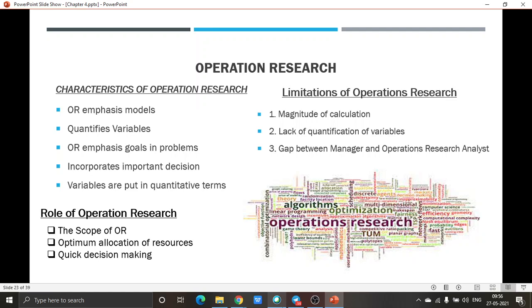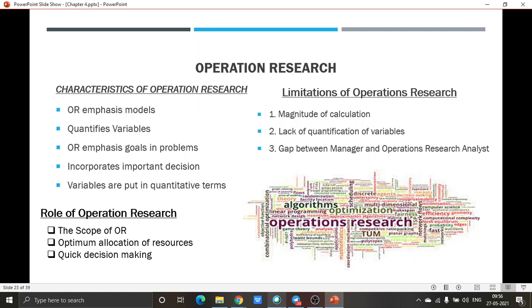Now, when we speak regarding the military and operation research, the link is that operation research as a field of study was developed during World War. What happened was each country had limited resources that they could use in the war.